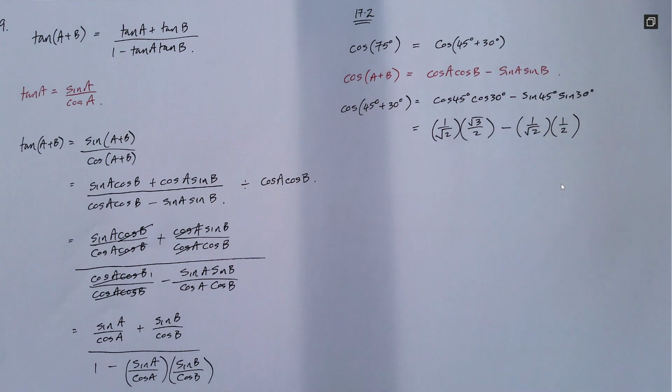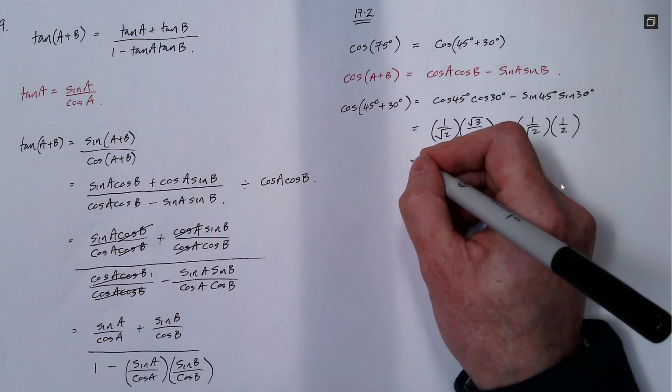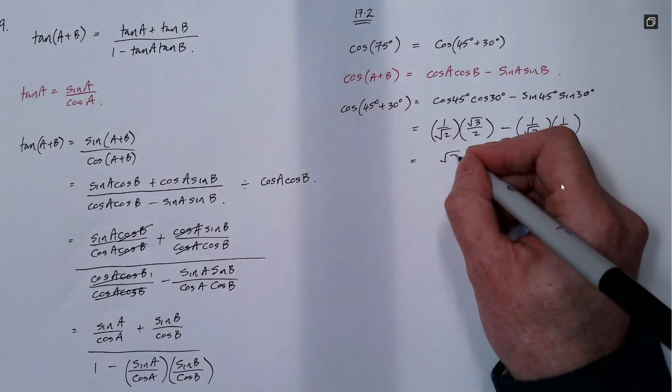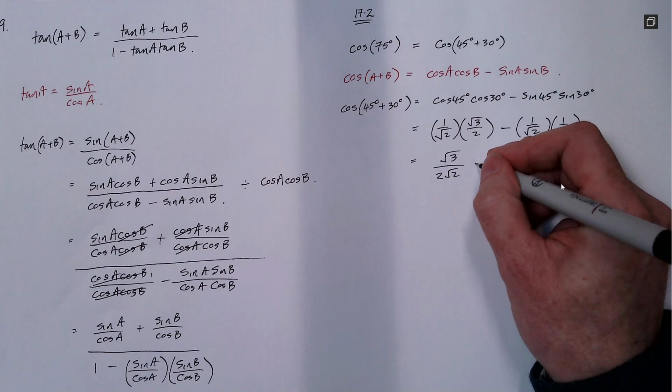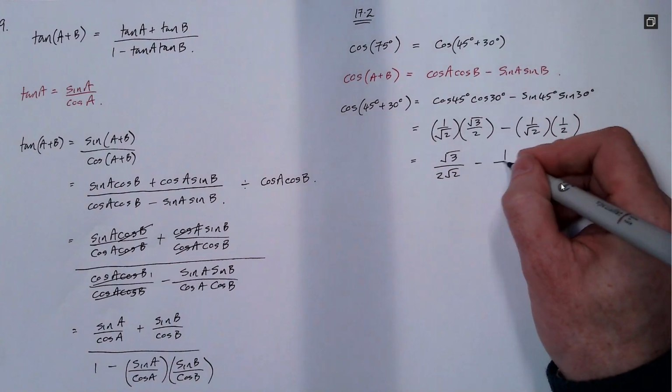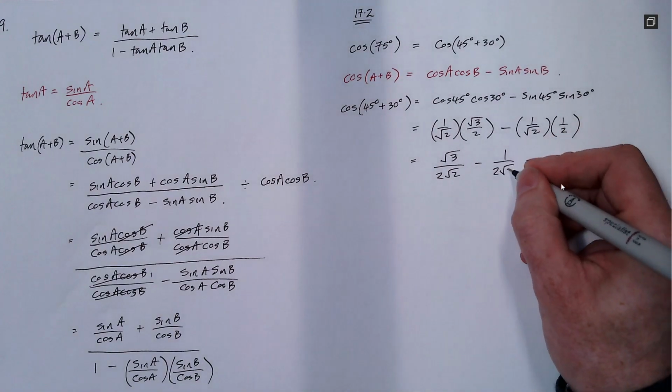So this gives square root 3 over 2 square root 2 minus 1 over 2 square root 2.